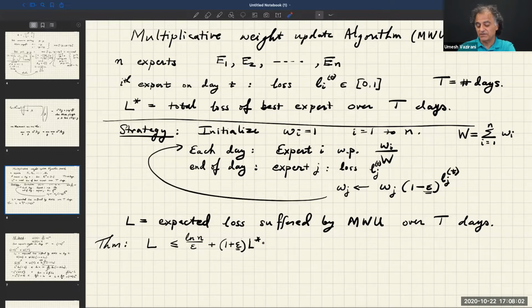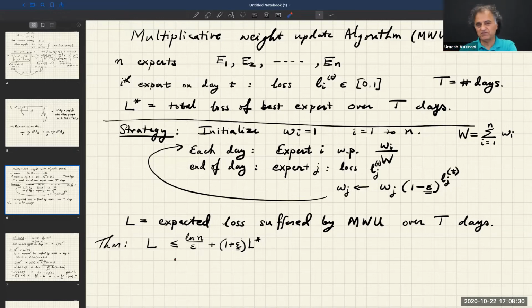If you make epsilon very small, then it helps you over here. You get closer and closer to the loss that the best expert suffers. Oh, now I see. But now you pay in this fixed cost, in terms of the number of experts. Got it. And there's no way of knowing that, because you don't know what L star is, you can't take the derivative of a function.